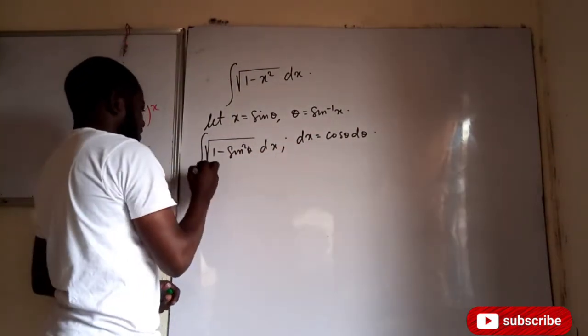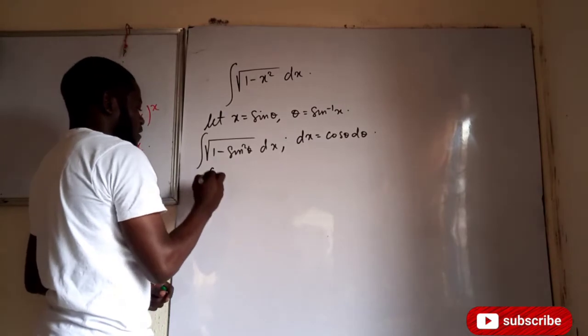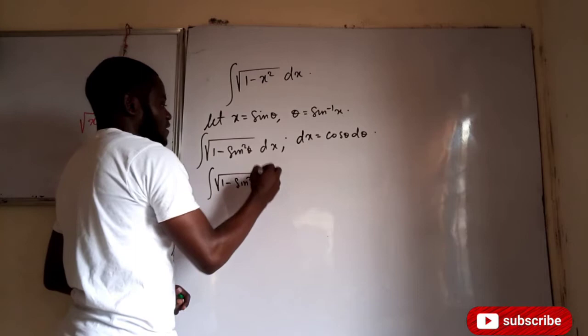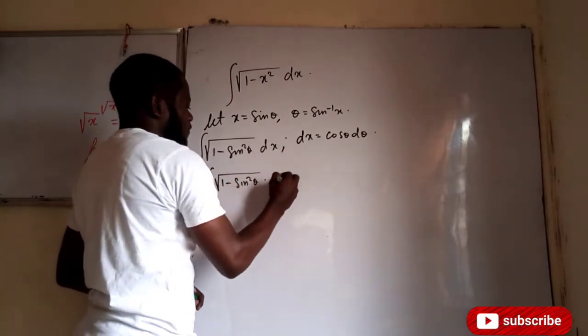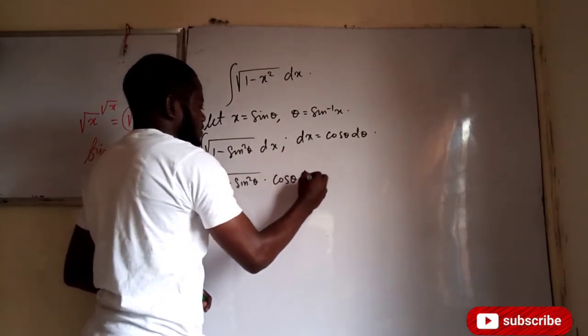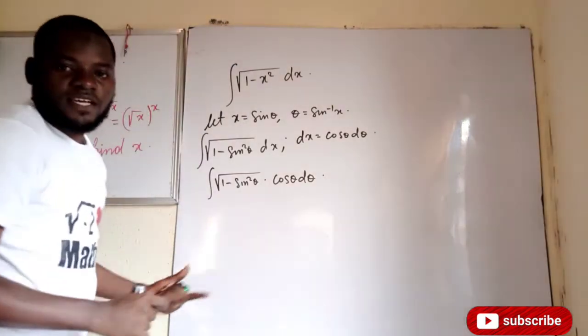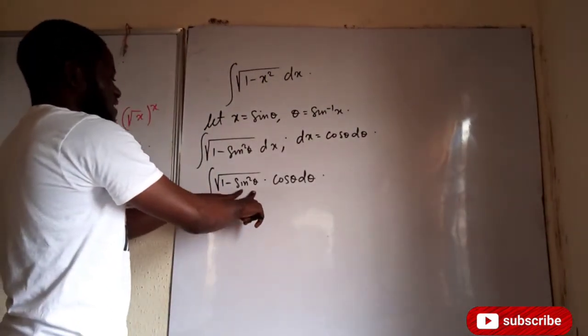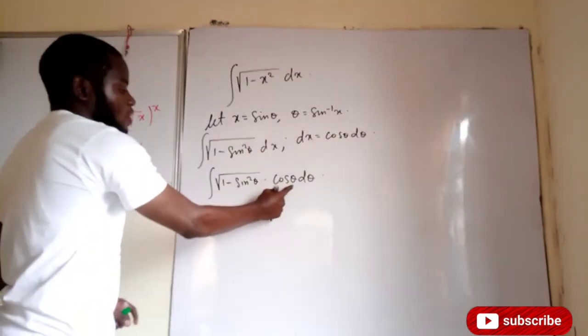So I will have that this is going to be the integral of the square root of 1 minus sine squared theta, and instead of the dx now, I will have cos theta d theta. Are we together? The square root of 1 minus sine squared theta is the same thing as saying cos theta.